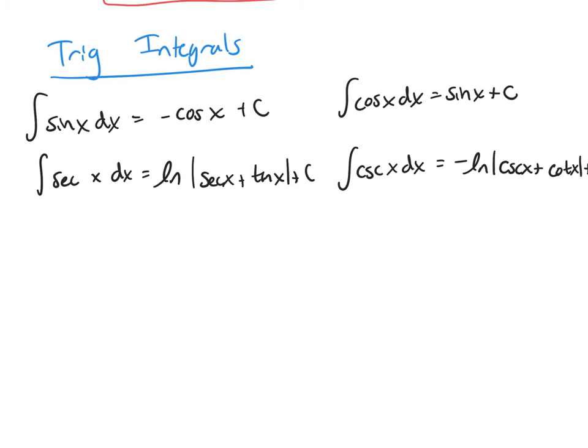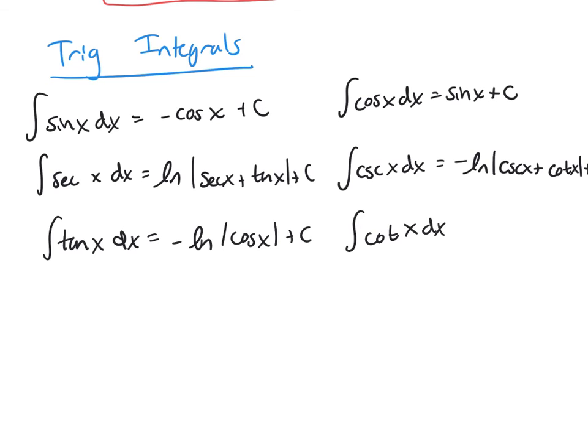And then we have the integral of tangent, which we did earlier. It was negative ln of cosine. And then the integral of cotangent, which is ln sine x plus c.